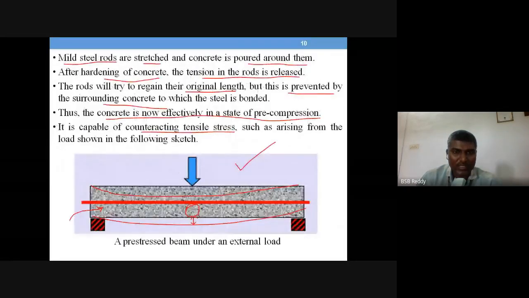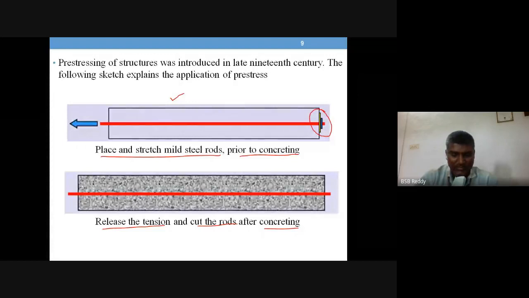This was the very early attempt of pre-stressed concrete, where you take a mold, insert a rod, tension it, then pour the concrete. Once the concrete is set, release the rod, where the reinforcing bar will try to regain its shape.